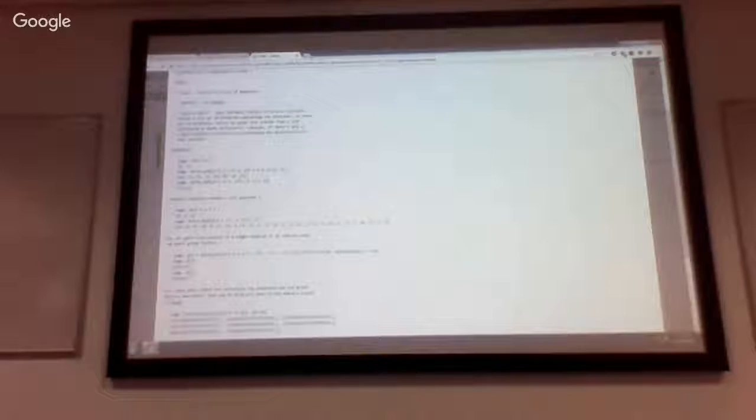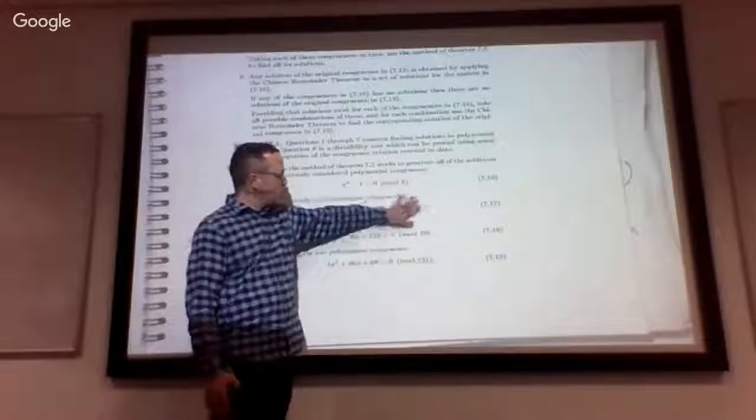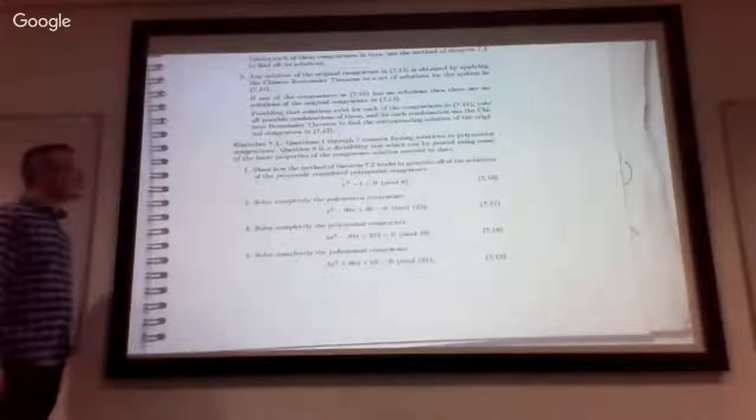So if we're working through the exercises, in exercises 7.1, there are some good examples for you here to experiment with. All the moduli are always powers of primes. So you should get some practice using the theorem. I'll never insist that you remember it.